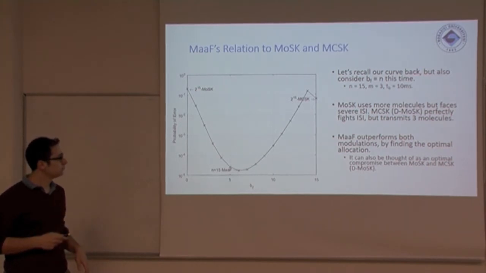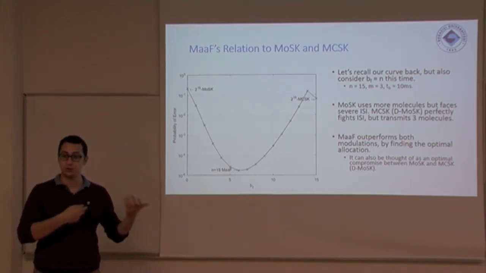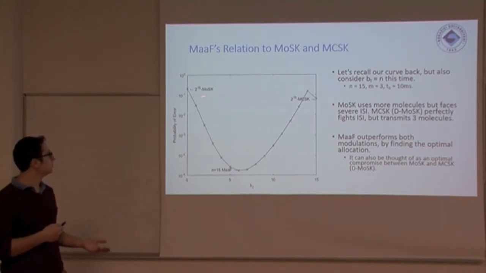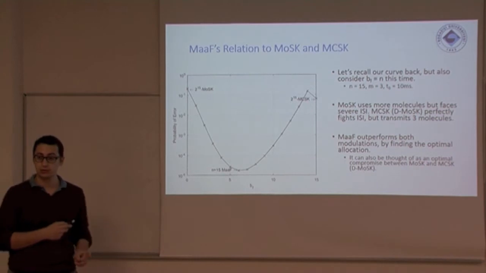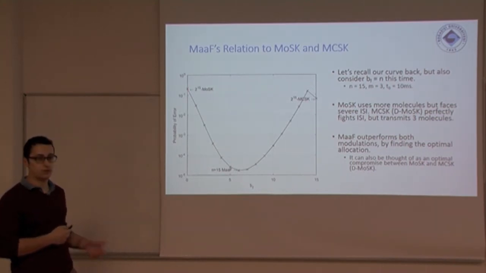So remember that MoSK uses more molecules because it's over here, because this place corresponds to having few BF, so more BI corresponding to a higher MF. So we have higher signal power here. We have a stronger signal here, but we have intersymbol interference, a severe one, which causes a very high error rate.